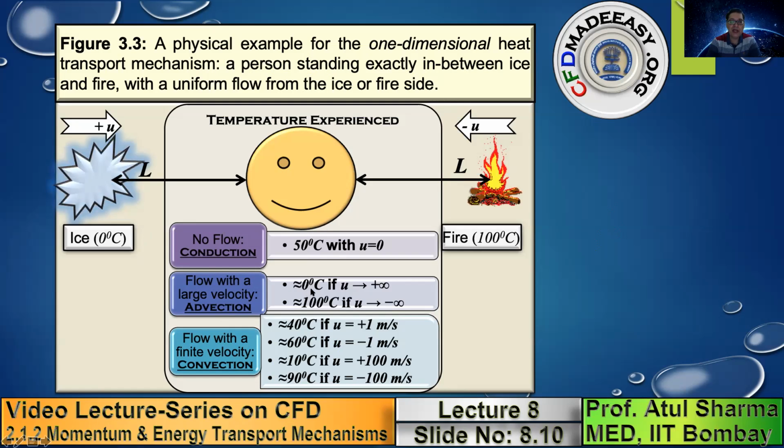If it is from the ice side, you experience almost ice temperature. If it is from the fire side, you experience a temperature of 100 degrees. As I said, in this case the effect of random motion of the molecules is negligible as compared to the effect due to the mass flow rate driven advection. This is the more commonly found flow with finite velocities for convection, which I had discussed: depending on the magnitude of the velocity, you can start experiencing more hot or more cold.